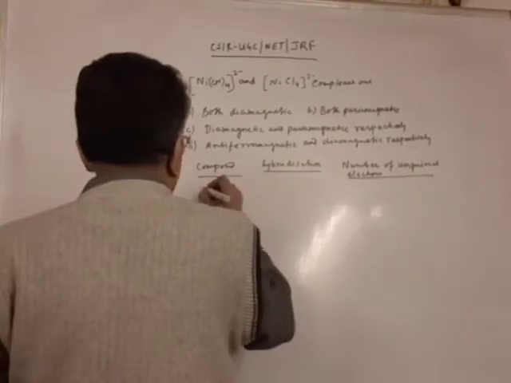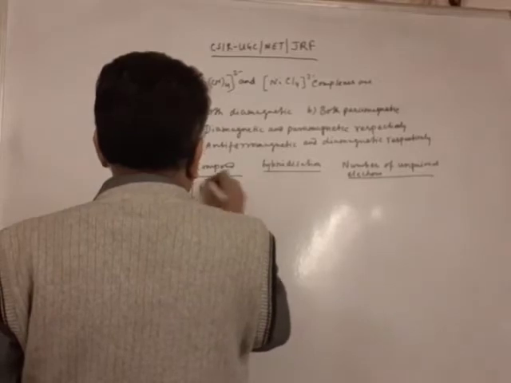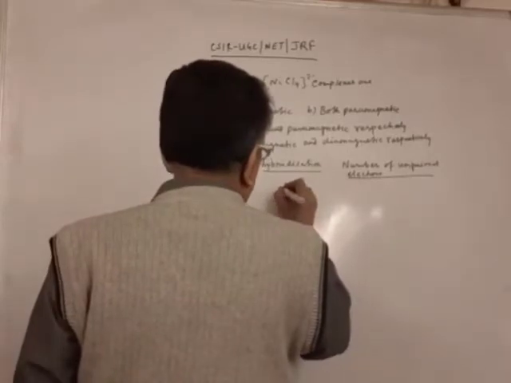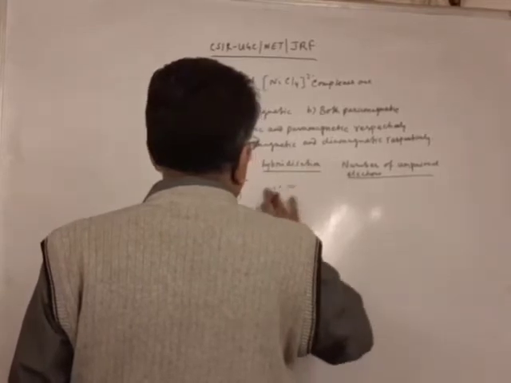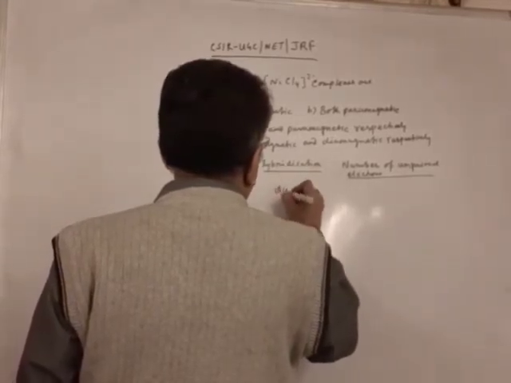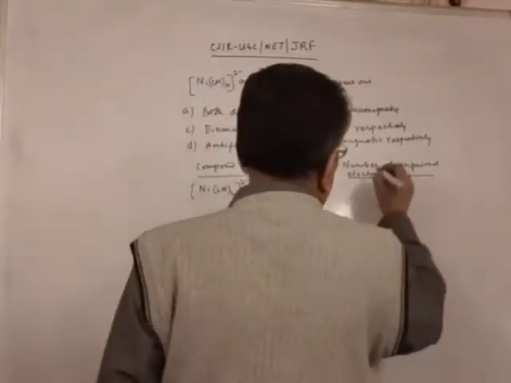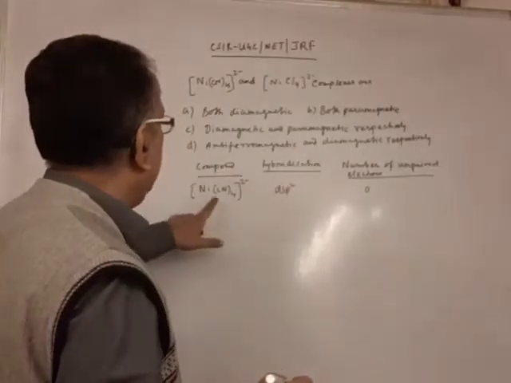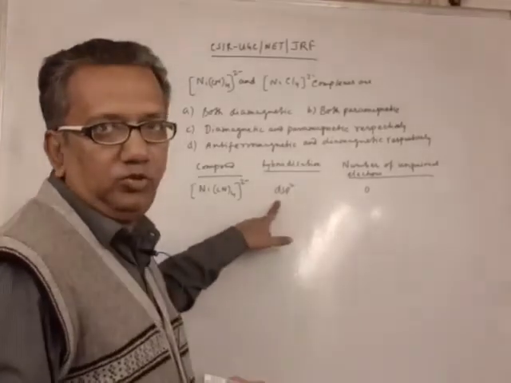We will find here in Ni(CN)4 2-, the hybridization will be dsp2 and the number of unpaired electrons will be 0. Here cyanide is a strong field ligand, so it will pair up the unpaired electrons and form a square planar complex with dsp2 hybridization.